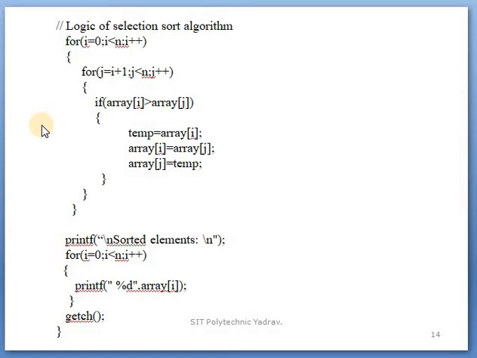After that the other element is assigned to the 0th position, and in the other position the temporary variable will be assigned or placed. Okay, so for that purpose we use the temp variable.